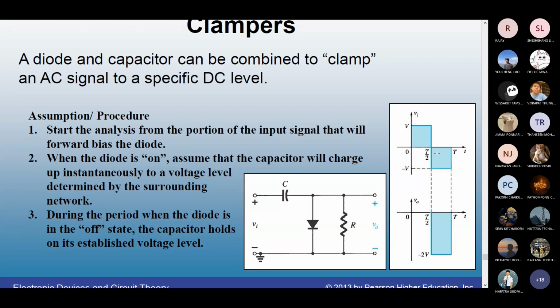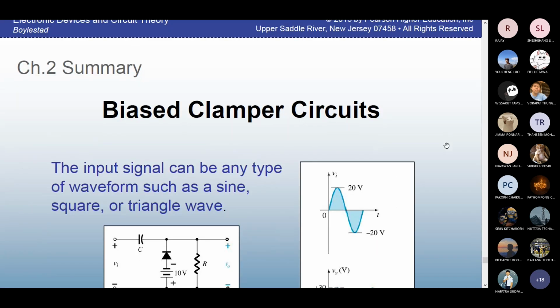Total input swing is 2 times V, and the output swing total is 2 times V. I am ignoring the minus sign. The swing is taken by measuring the 2 extremes: what is the maximum extreme point, and what is the minimum extreme point? Once it is satisfied, you are done with your circuit.